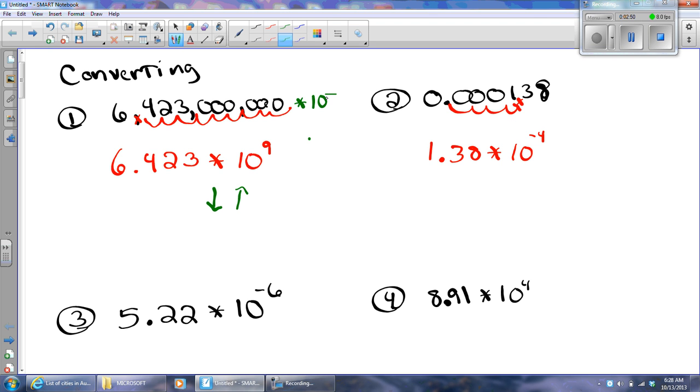Hmm. Wouldn't it be 0? Right? 10 to the 0 would be 1, and I'd multiply that by 1. So you see the 6,423,000,000 number went down to 6.423, but the 10 to the 0 went up to 10 to the 9th.